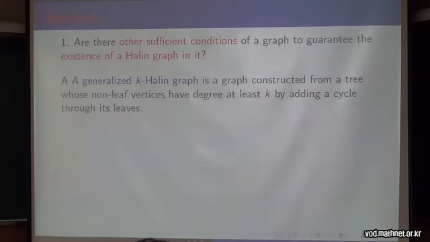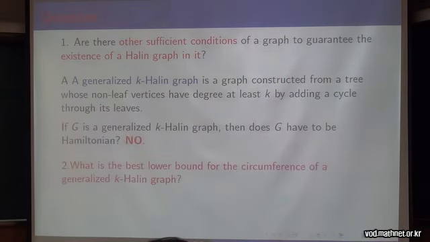Halin graphs start from a plane embedding of a tree, right? But we delete that condition. Then it has no perfect matching. So we tried to find a lower bound for the matching number, the worst case, and we did that, and other things. So no perfect matching.